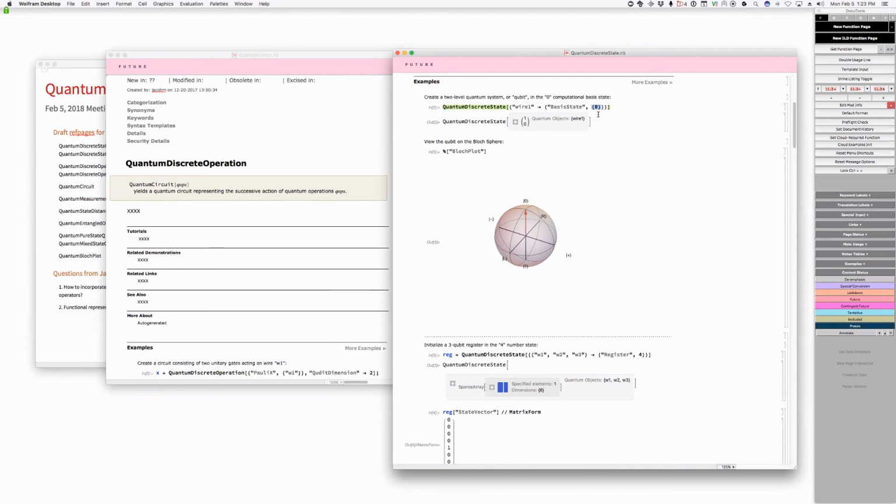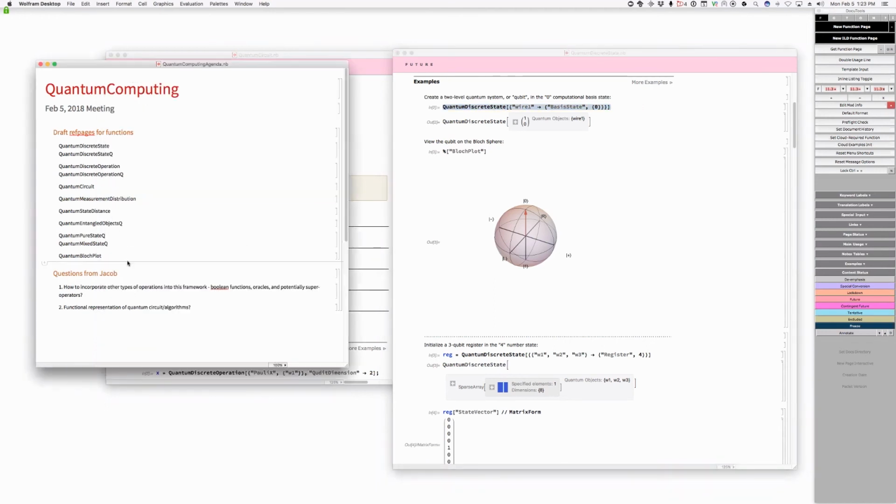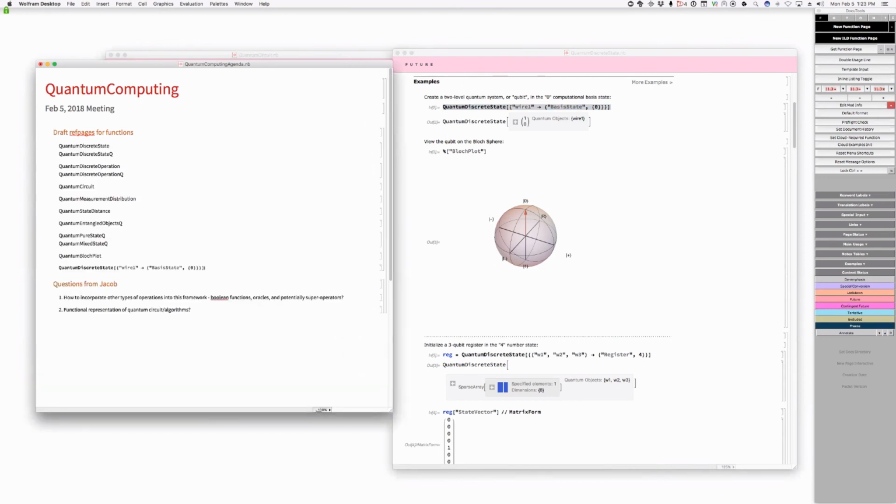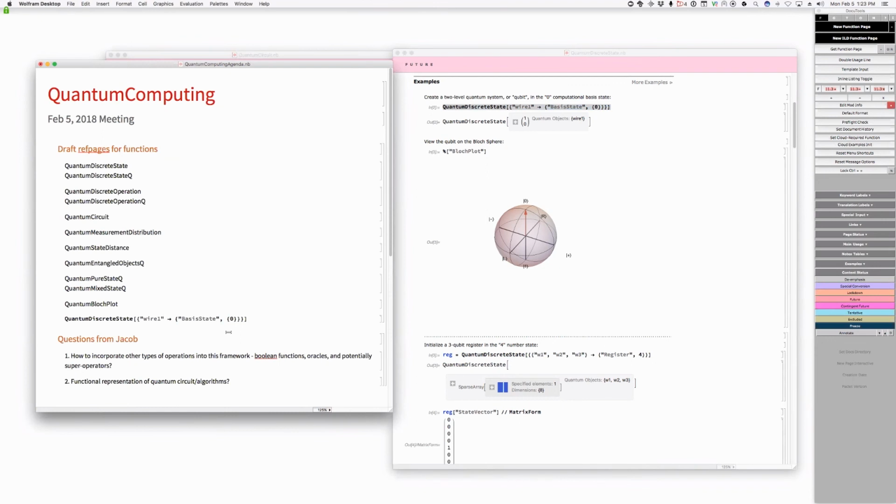So the difference with the basis state is that if you had 2 wires, wire 1, wire 2 goes to basis state, then after the 0, you would put in another 0 or a 1. So you're basically specifying the basis for each of the wires individually, whereas for the register, why is it 0, 1?